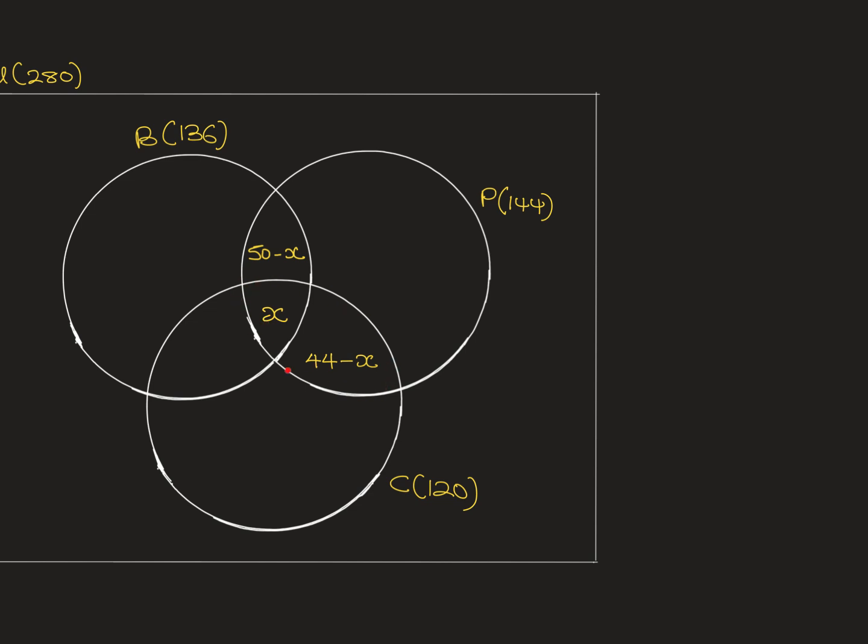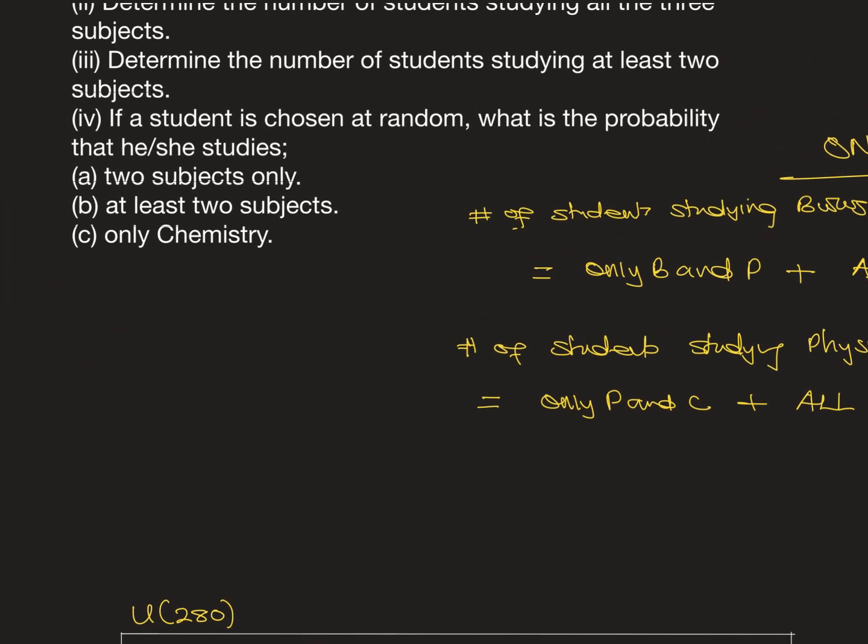If I say students studying physics and chemistry, it will be those studying physics and chemistry only plus those studying all the three subjects, because those studying all the three subjects are also studying physics and chemistry. You get that point? All right. Then we move on.